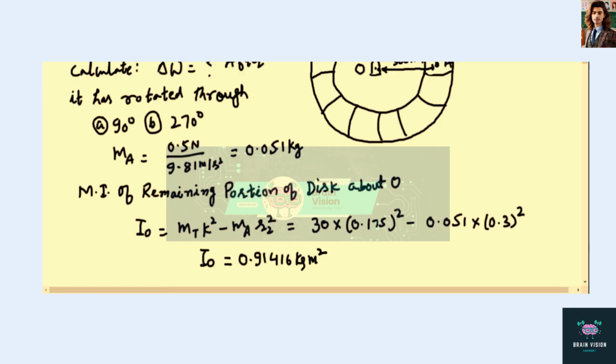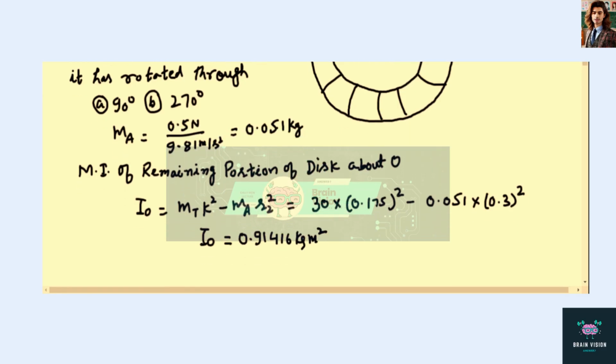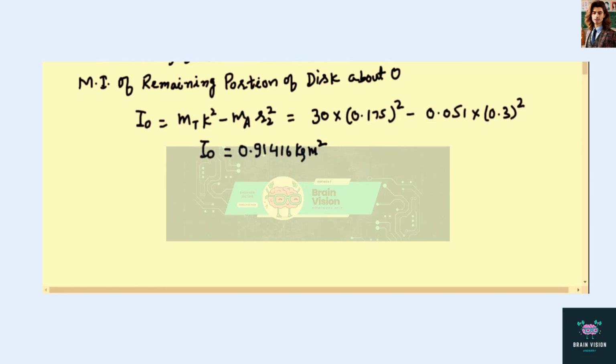Position of center of mass. So center of mass having the x coordinate, m minus ma into x bar equals minus ma into Ra, where m is the mass of the turbine.